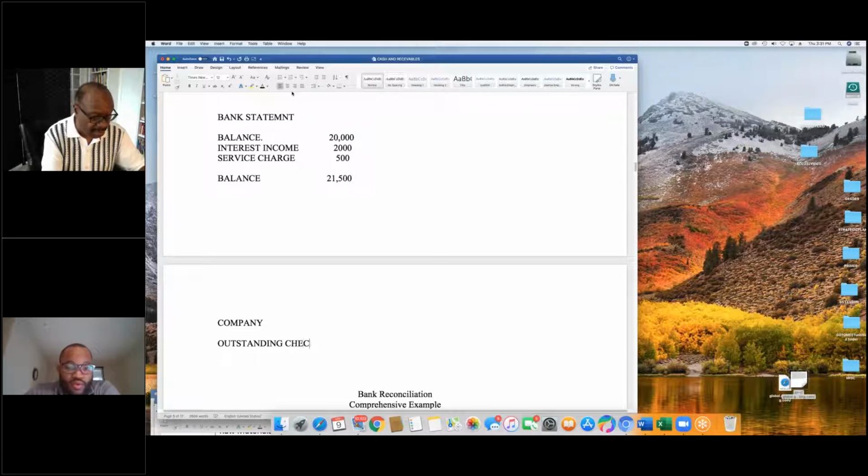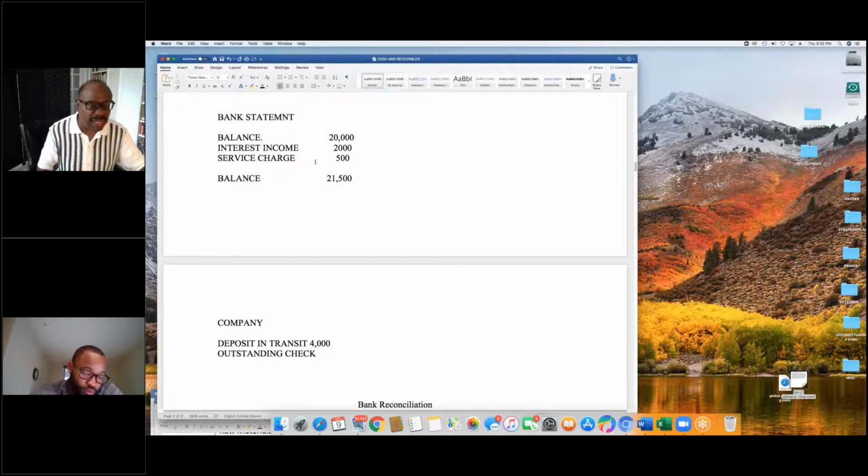Interest income is 2,000. Well, let me do the deposit. Let's assume they have a deposit in transit, for $4,000. Okay. They also have outstanding checks which haven't cleared the bank yet.